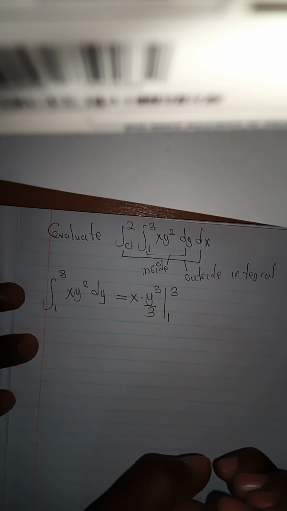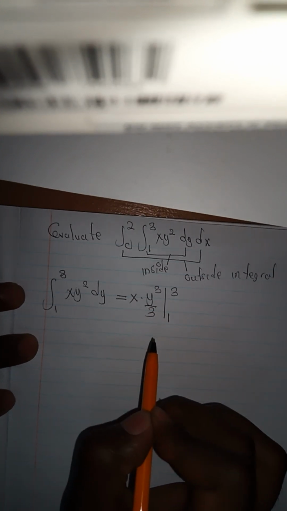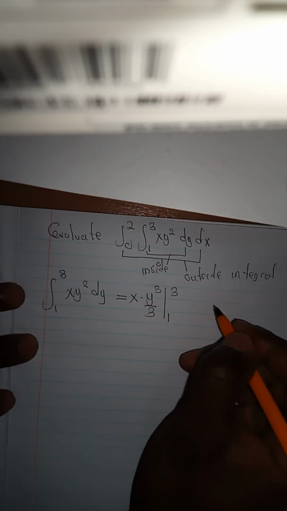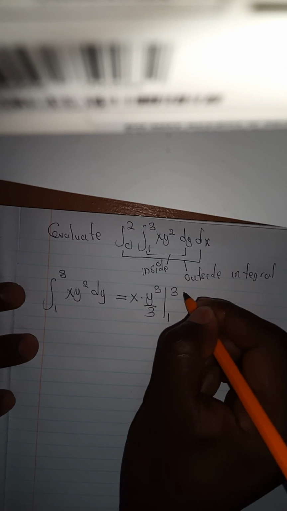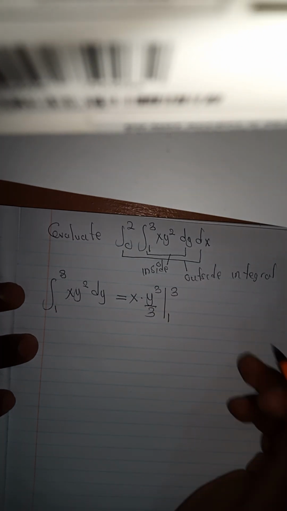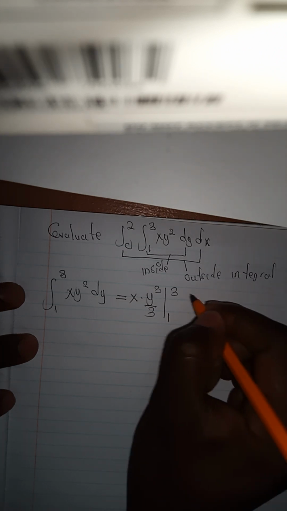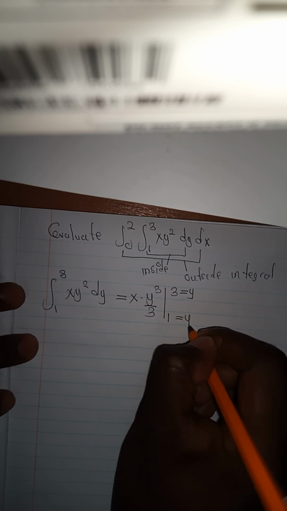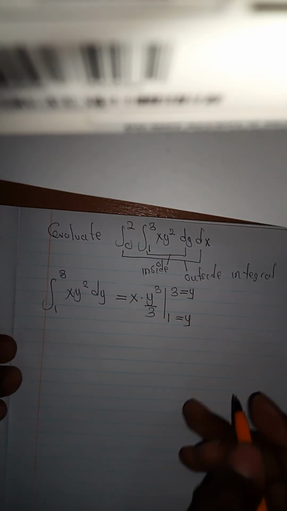Since we have two variables, it can be useful for us to identify which one is x and which one is y. Since the limits which we want to substitute are the limits of y, we can indicate that this is y, this is y, so that we don't confuse x and y in this problem.